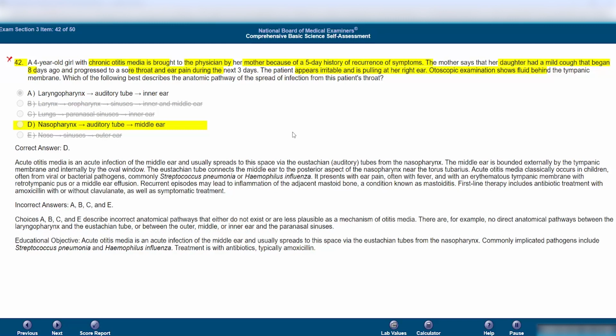And it asked how did it get there? I was thinking, I don't know if it's nasopharynx or laryngopharynx. I got confused about where external ear, middle ear, and inner ear started and ended. So I kind of said probably the inner ear first, and then it got to there.